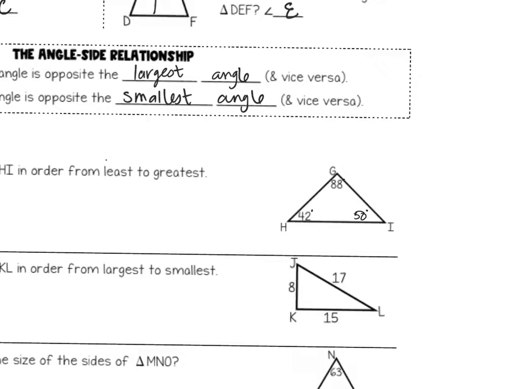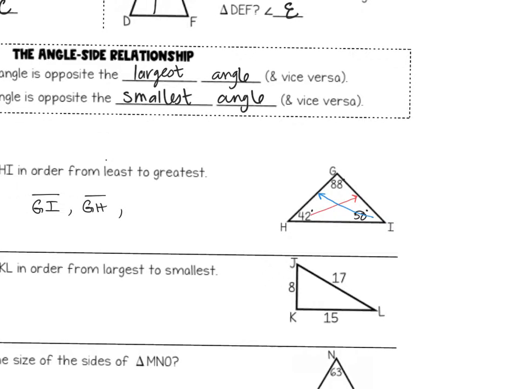So I know the smallest side of my triangle is across from my smallest angle. Well, 42 is my smallest angle. The side opposite 42 is side GI, so that's going to be my least. In the middle, I have an angle that's 50 degrees, angle I. The side across from that angle is side GH.